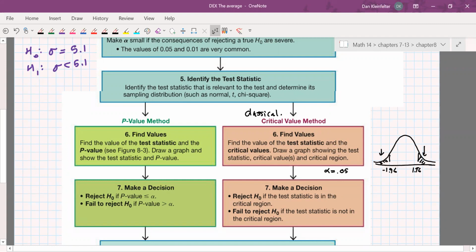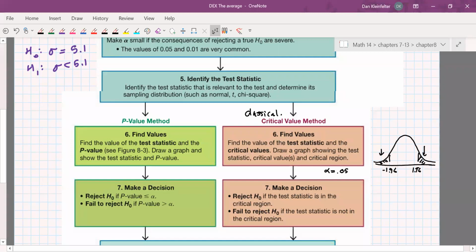So what we'll do is we'll find the value of the test statistic and the p-value. That'll be a probability value. We'll draw a picture of the distribution and show the test statistic along with the p-value. We're going to end up rejecting H0 if the p-value is smaller than our significance level alpha. We'll end up failing to reject H0 if the p-value is bigger than alpha.